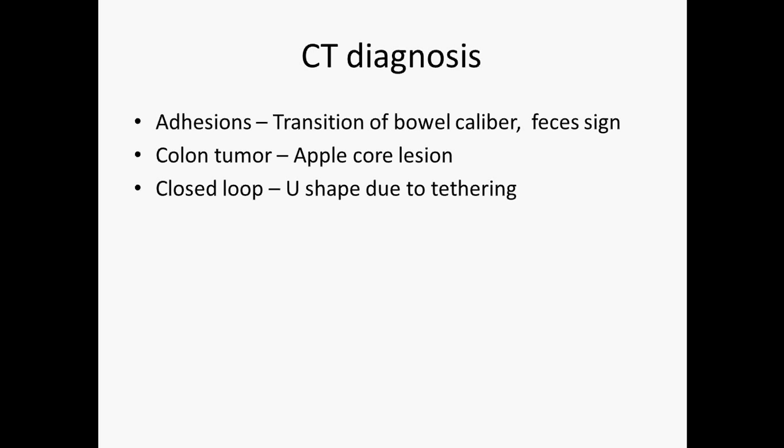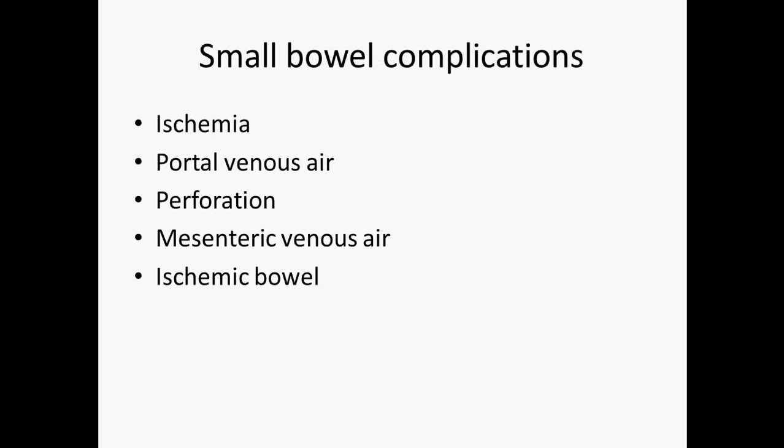And there's also a sign you can see on CT. It's a closed loop or a U shape due to tethering. So if you have an adhesion or something that's pulling the bowel to the side, you can see this U shape.